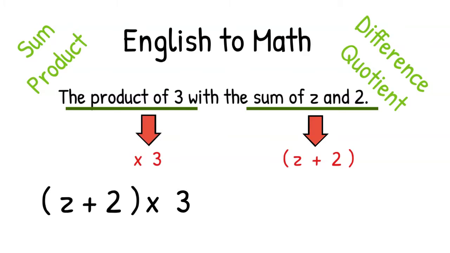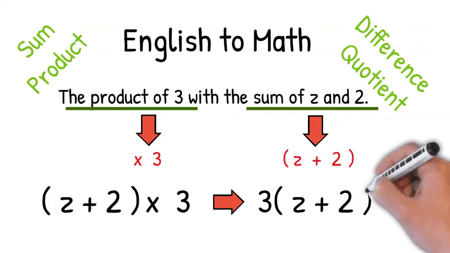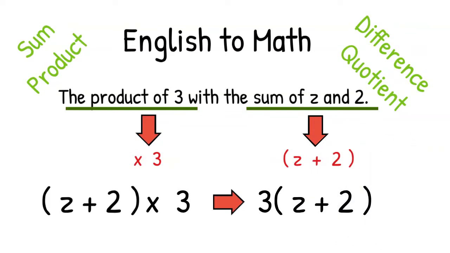However, just like in English, there is a certain order to things. There is a certain order in math as well. To make it a little easier down the road, it is preferred to do the multiplication in front of the parentheses rather than behind, so we end up with 3 times in parentheses z plus 2. Or in English, the product of 3 with the sum of z and 2.